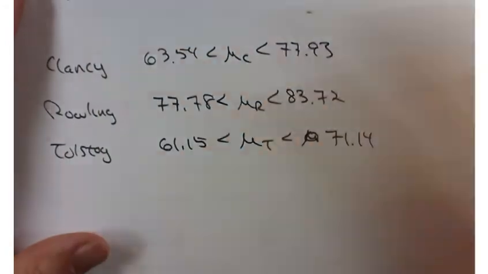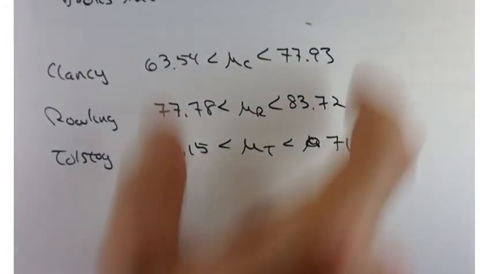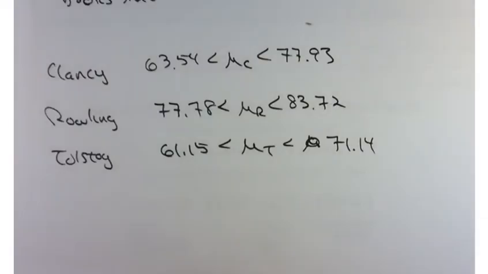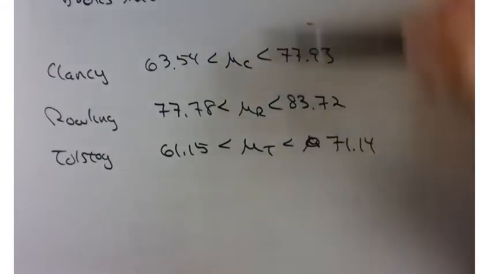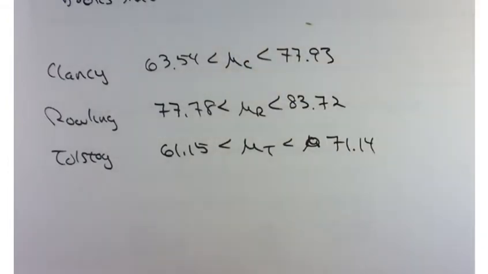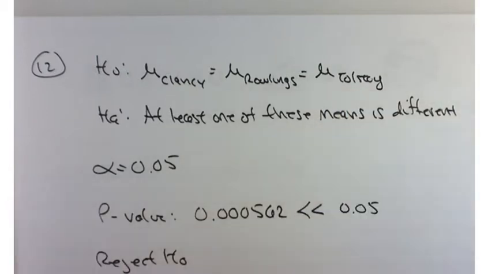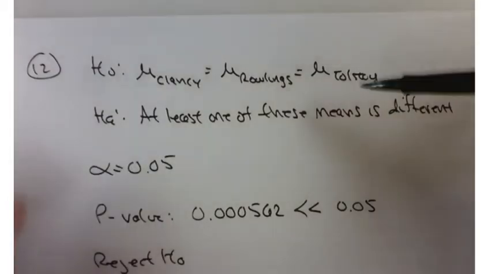They're almost completely apart from one another. And Tolstoy doesn't fit in with all of these either. Basically what this is saying is that there's not any particular value that could satisfy all three of these at the same time. So that's why we're rejecting the null hypothesis. This can't be true. The confidence intervals don't really line up to allow this to be true.